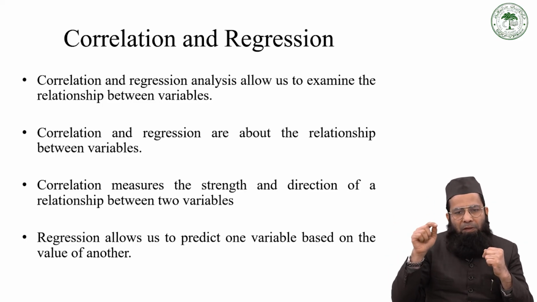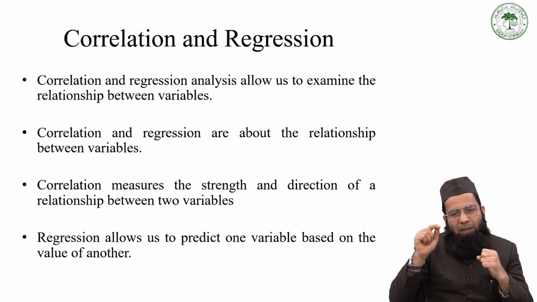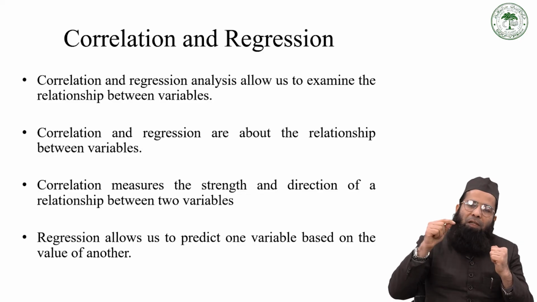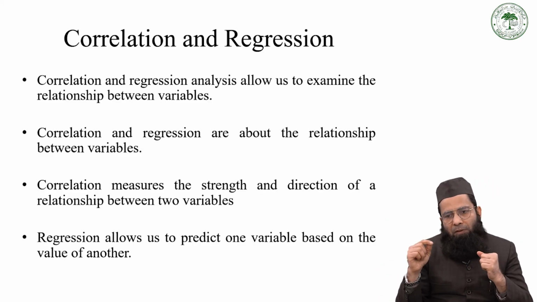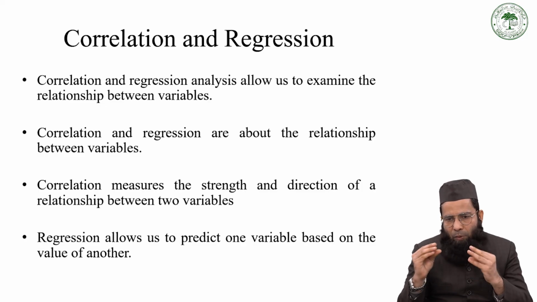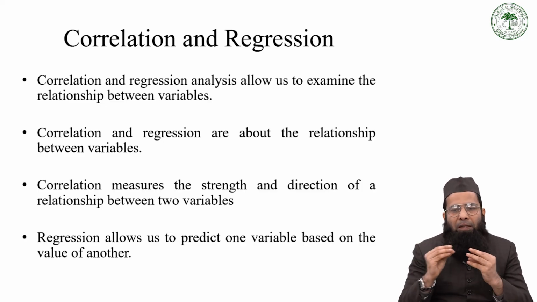Negative direction means if the value of one feature is increasing, but the value of the other feature is decreasing. So this is the negative direction. Using correlation, we can identify this type of relationship between features.